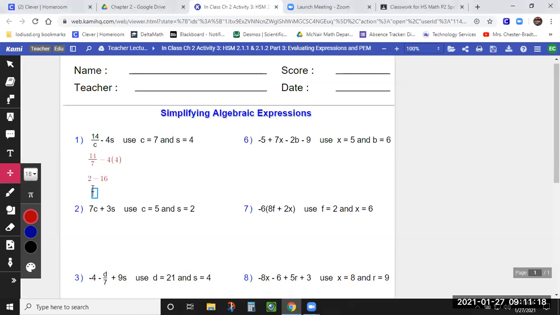Negative 14. Because when we have one that's positive and one that's negative, we subtract them and keep the sign that's on the bigger one. That minus 16 is negative 16. Negative was bigger. So negative 14.